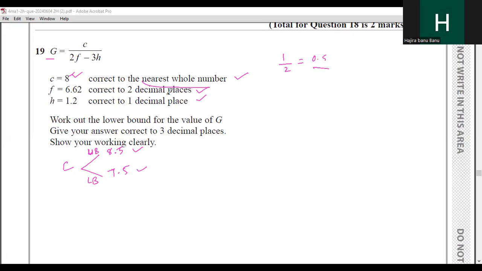Now F is given as correct to two decimal places. Two decimal places means 0.01. When it is given correct to two decimal places, what you will do is divide 0.01 by 2, and you will get 0.005.